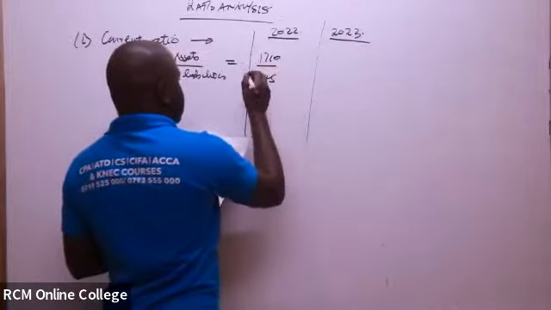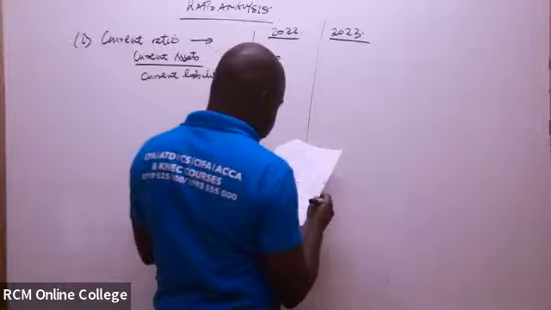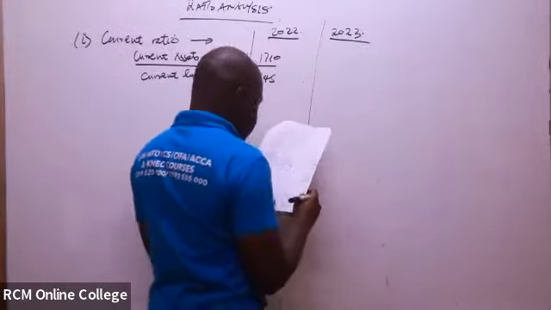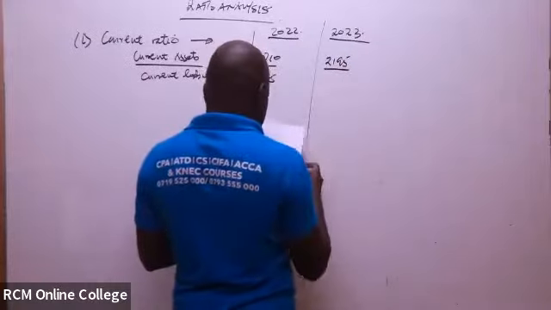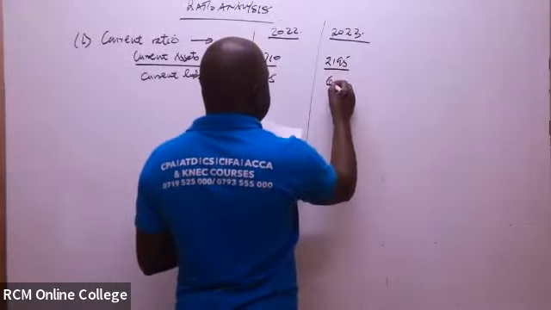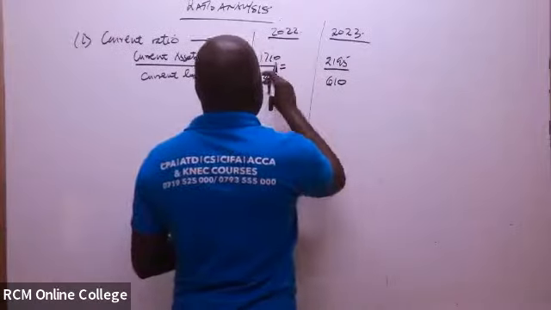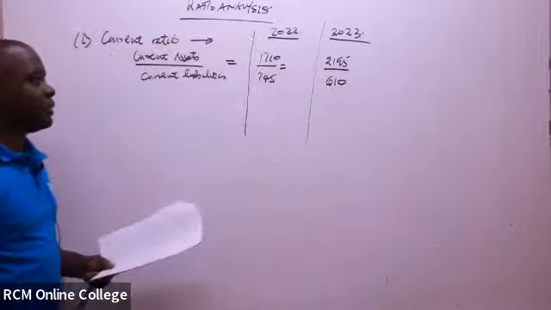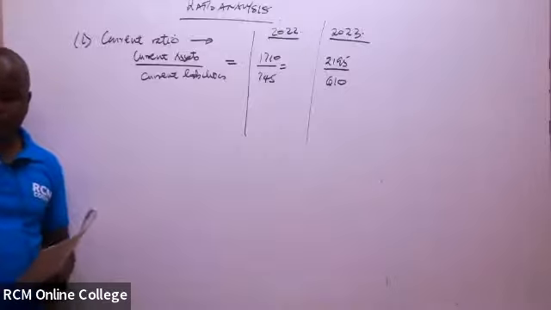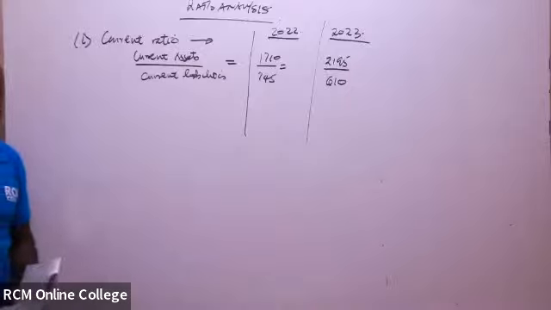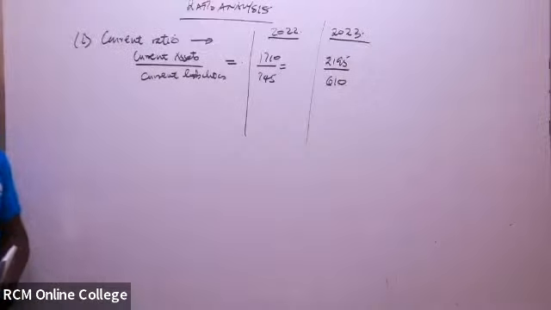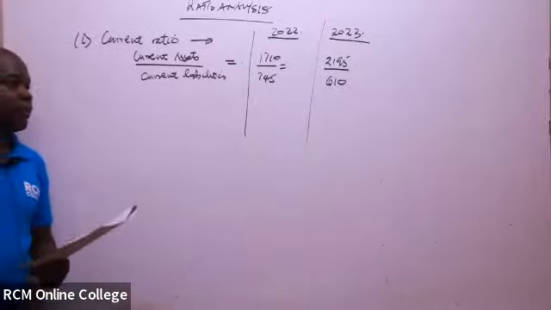Then in the same way, we take the figures for 2023. It will be 2195 over 610. So when you divide this, what do you get? 1710 over 745, and 2195 over 610.